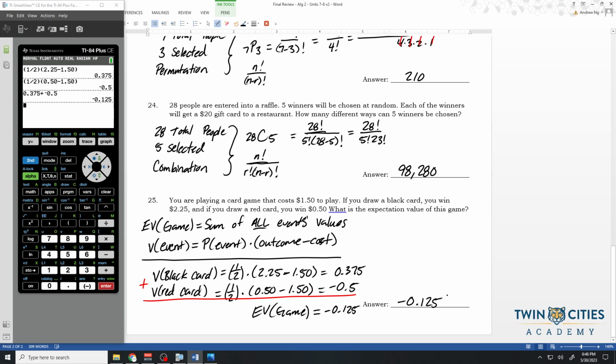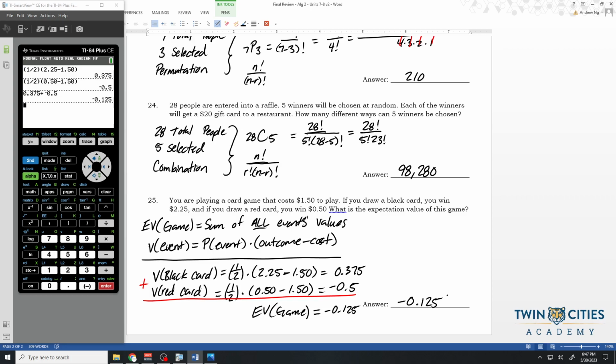In other words, every time I play this game, I'm expecting to lose, on average, about 12.5 cents, 12 to 13 cents. Now, there is no single outcome here that is me losing 12 cents, right? I pay $1.50 to play. I either win $2.25 or I get 50 cents. But this isn't for a single outcome.